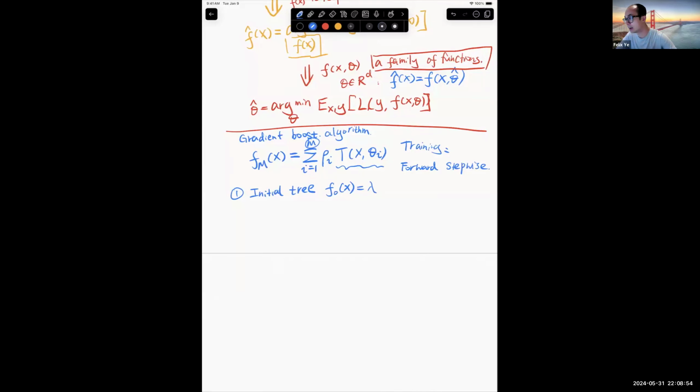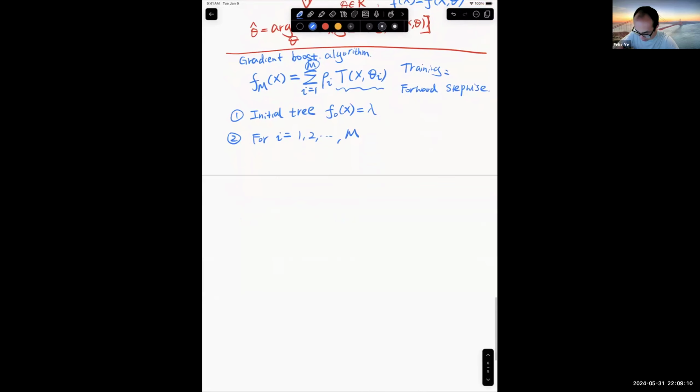Then we gradually add these trees, for i equal to 1, 2 to m. We find f_i(x) equal to f_{i-1}(x) plus rho_i t(x; theta_i).